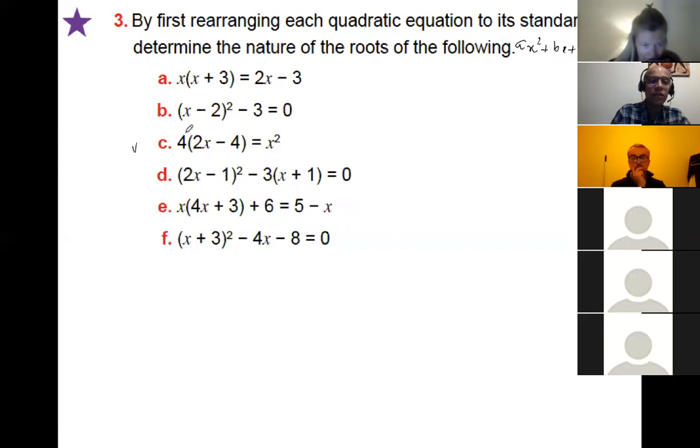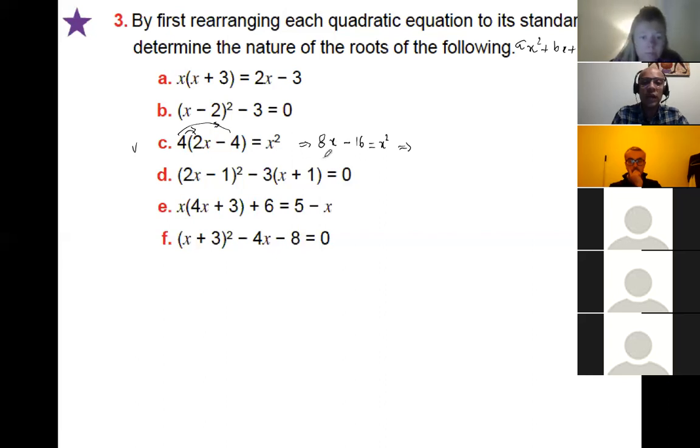First thing first, get rid of the brackets. So that means I've got 4 times 2x, that's 8x. 4 times negative 4, minus 16, equals x squared. If I want to rearrange this, because I'm looking for ax squared plus bx plus c, I can move everything to one side.